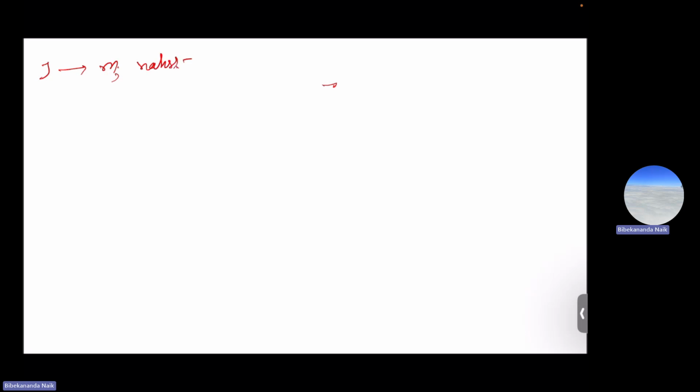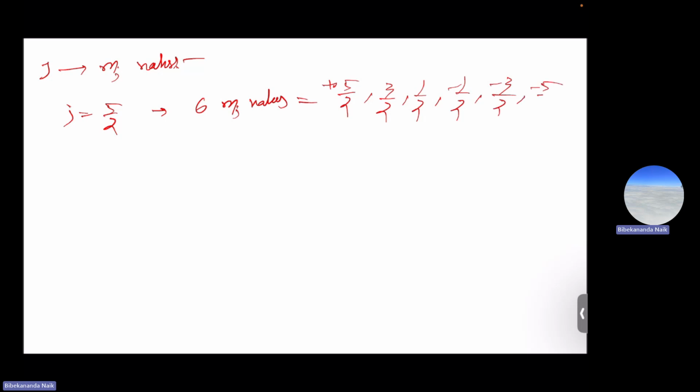For j equals 5 by 2, we have 6 mj values, starting from plus 5 by 2 to minus 5 by 2. So plus 5 by 2, 3 by 2, half, minus half, minus 3 by 2, minus 5 by 2.